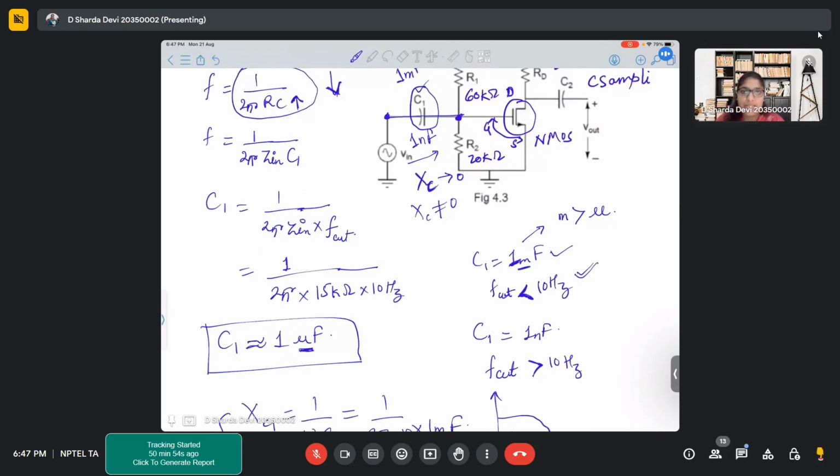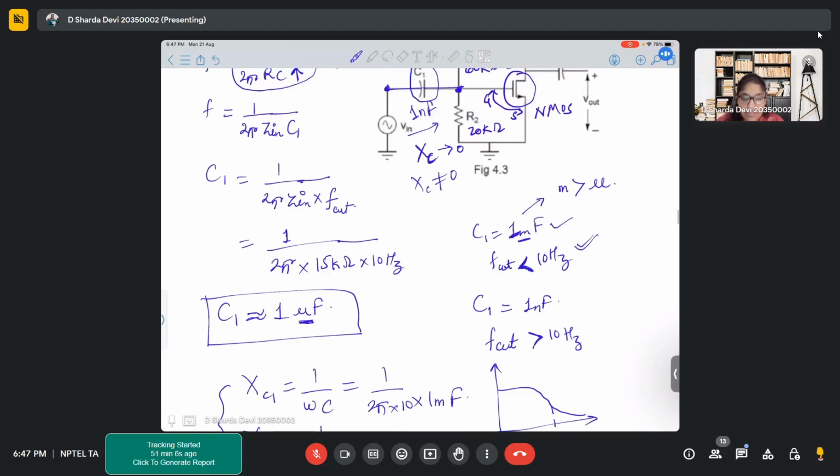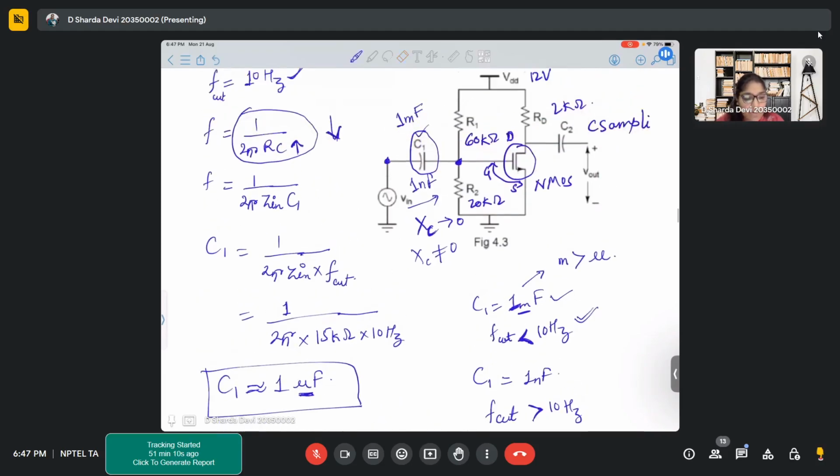The 10 hertz signal will completely pass through your capacitor, considering it will be a short circuit. But when you have a 1 nanofarad capacitor, your Xc is higher, your Xc increases, which will actually lead to a certain drop across this capacitor. So it will not act as a perfect short circuit.